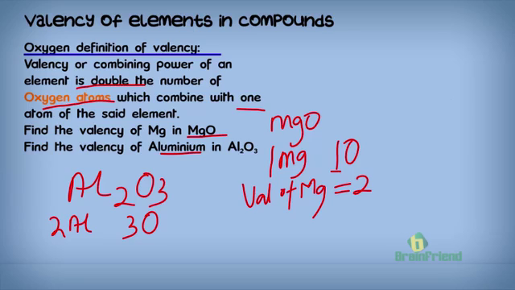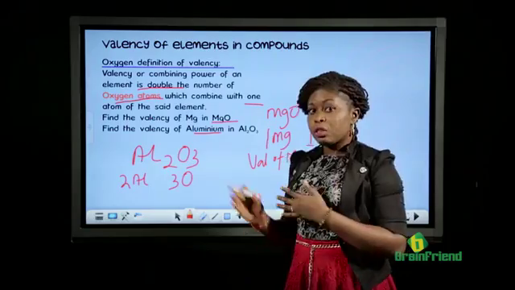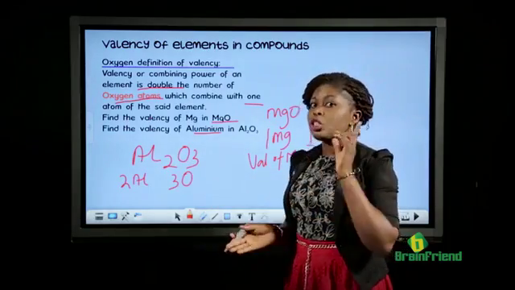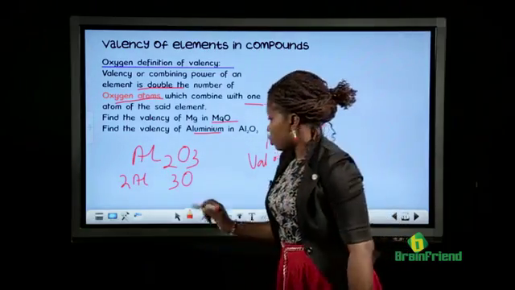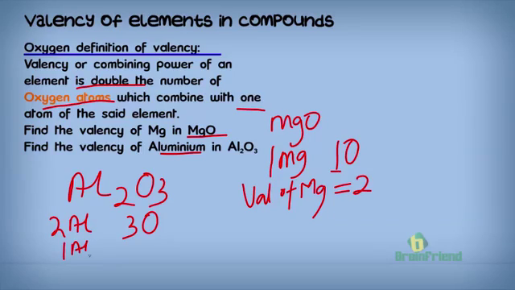So for us to know the valency of aluminium, we need to determine how much of this oxygen atom is in combination with just 1 atom of aluminium. So we say 1 aluminium atom, therefore, would combine with 3/2 times 1, which will give us 1.5.